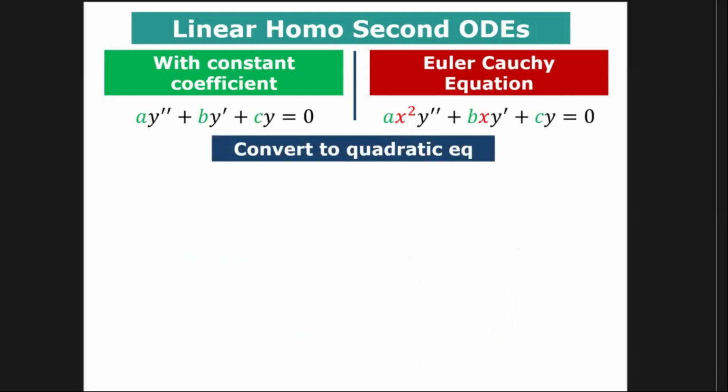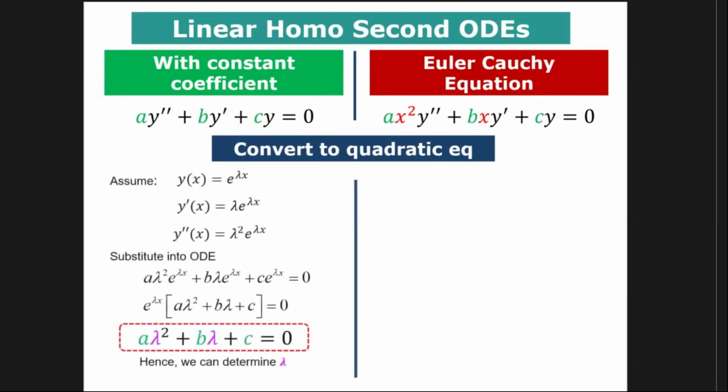All right, let's see how to convert this linear homogeneous second order ODE, both of these, into a quadratic equation. Let's see the constant coefficient case first. We assume that y equals exponent lambda x.